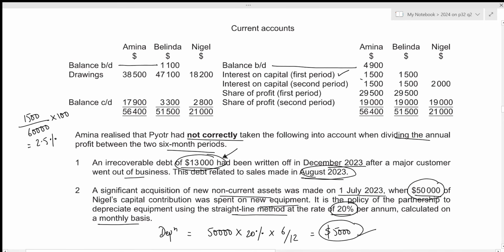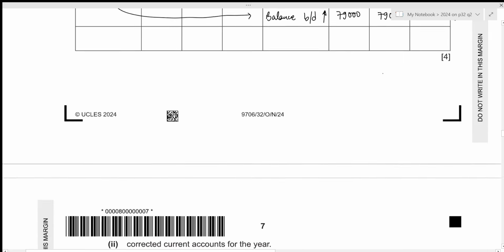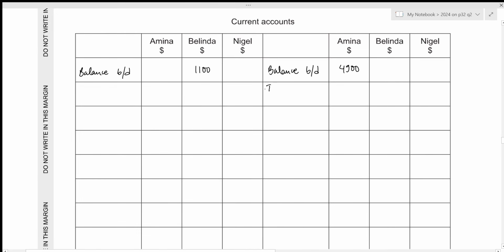So for the first half, it will be 1500 each for Amina and Belinda. Let's write it down. So interest on capital. This is the first period. 1500 Amina, 1500 Belinda.